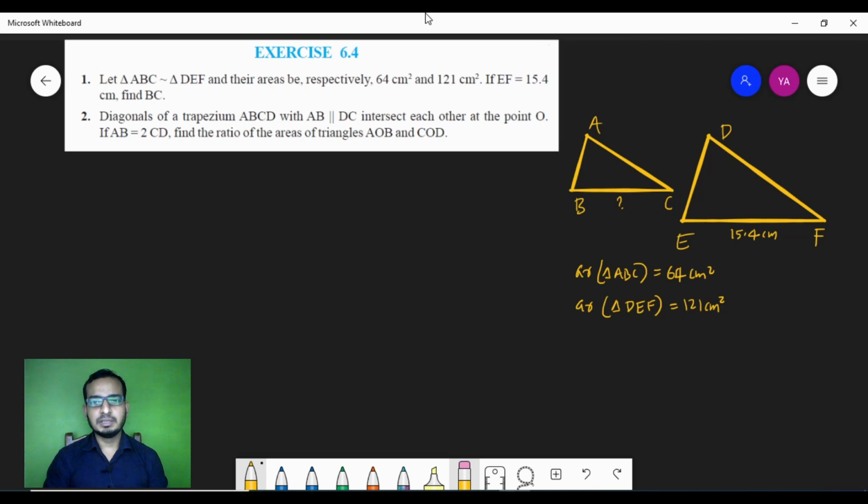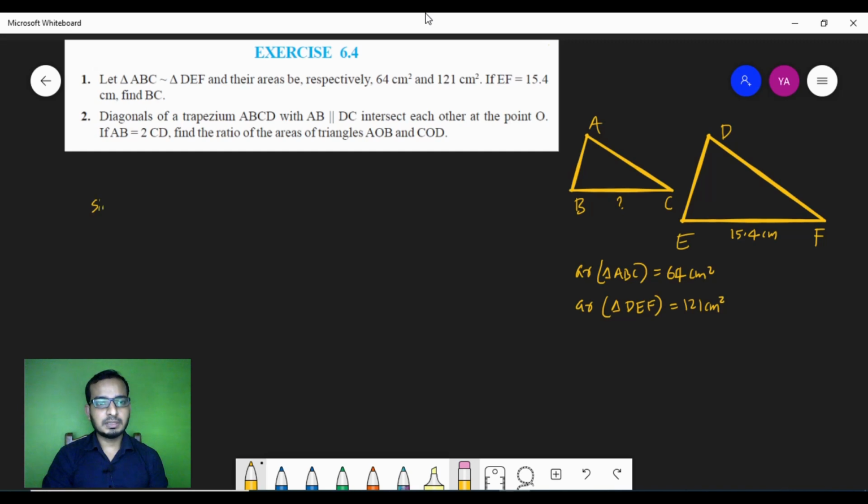Very simple. Given that these two triangles, triangle ABC and triangle DEF, are similar, so we can apply the theorem we just discussed. What does the theorem say?